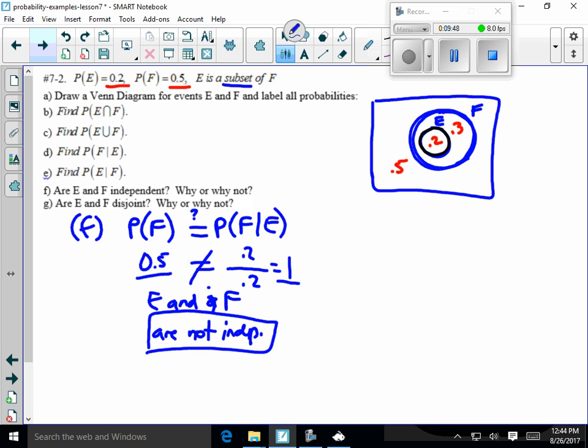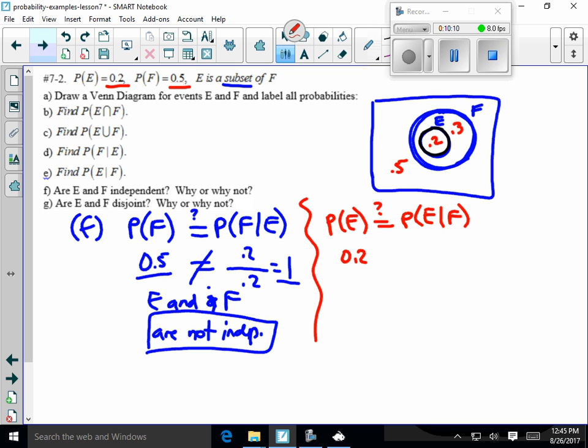And we could also have chosen to not investigate the probability of F. We could have picked the probability of E. Right? This is another way to do the problem. You could say the probability of E, let's check to see if that's equal to the probability of E given that F has occurred. Okay, so the probability of E is 0.2. That was given in the problem.